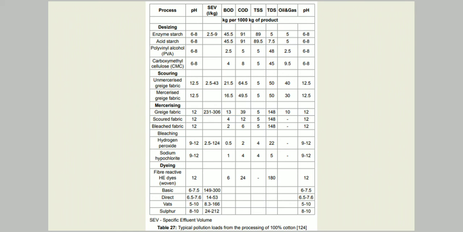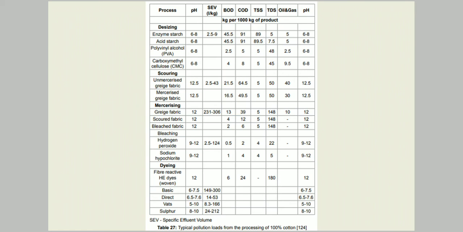The BOD of the enzyme starch is about 45.5 kilogram per 1000 kilogram of cotton, and COD is 91. The total suspended solid is about 89. Total dissolved solid is about 5 kilogram per 1000 kg cotton, and oil is obtained. Oil, that is natural oil removed, is 5 kilogram per 1000 kilogram.